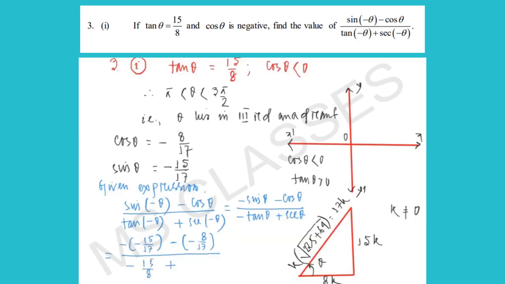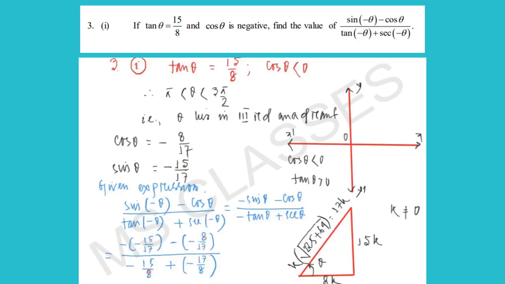Sec theta you can write as 1 by cos theta, so this will be minus 17 by 8. Okay. Now we'll simplify. Here it will be plus 15 plus 8, that is 23 by 17.